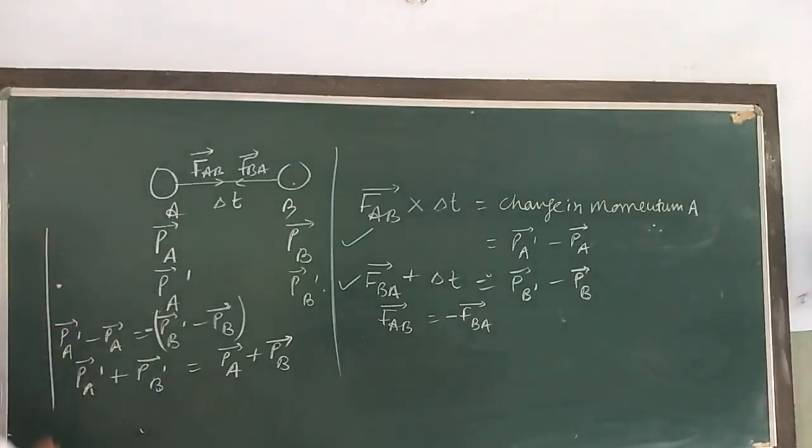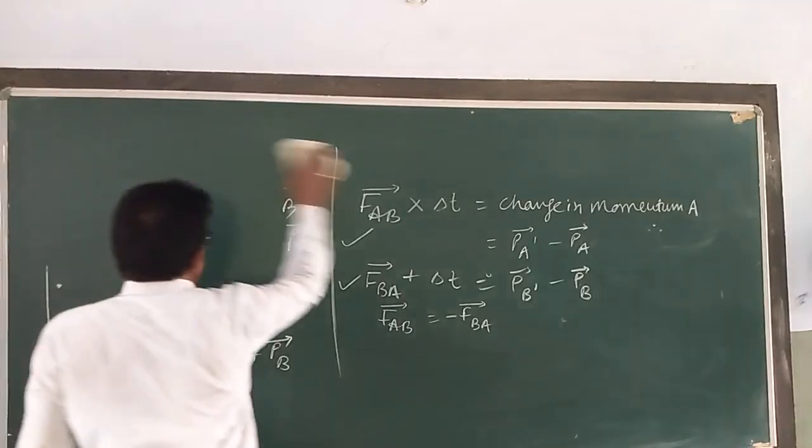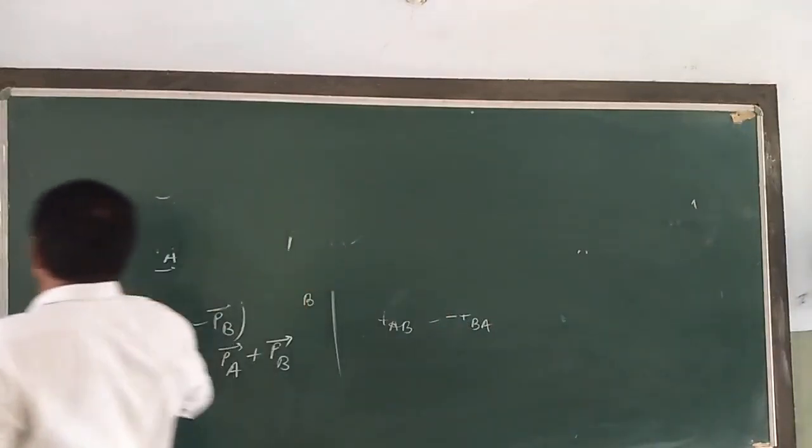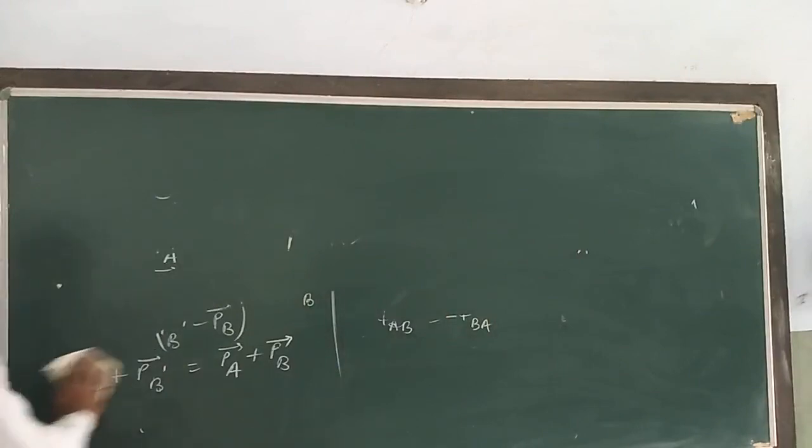Now, dear children, what are the applications of this principle of conservation of linear momentum? One application is the recoiling of a gun.